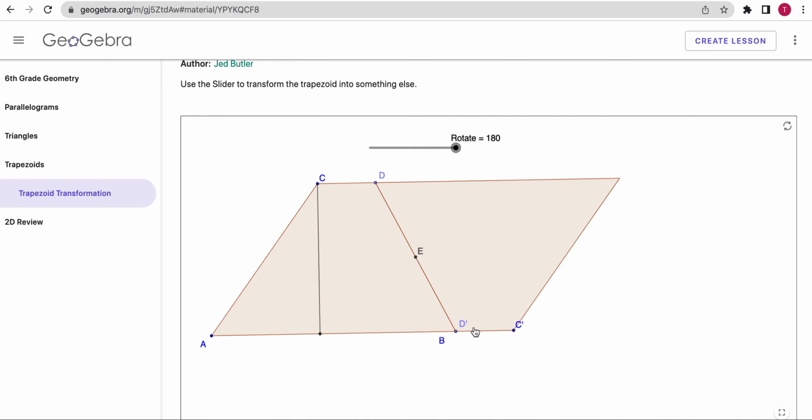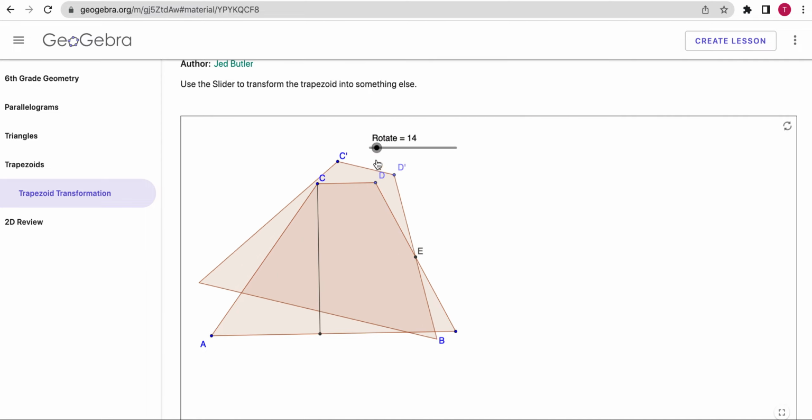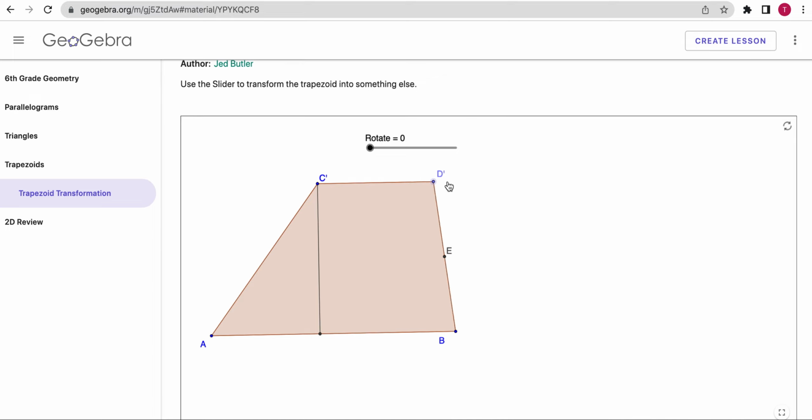Now, how would you find the area of just your 1 trapezoid? Depending on how your trapezoid is shaped, you can break it up in different ways. So right here, we have a triangle. We know that the area of a triangle is base times height divided by 2. And we can form a line down here with another triangle that is also base times height divided by 2.